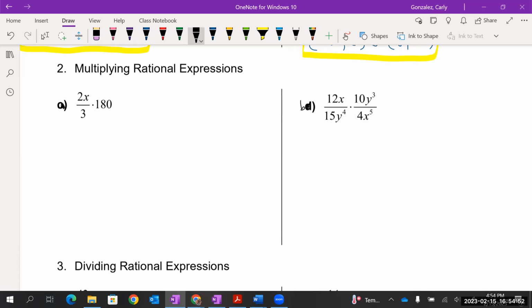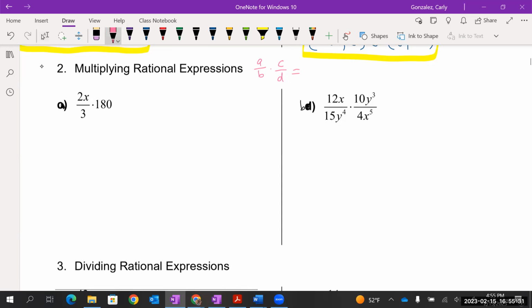Okay, so if we're going to multiply 2x over 3 times 18 over x, we need to recall the rules for multiplying regular fractions. So if I have one fraction times another fraction, like A over B times C over D, first of all, I can reduce any of the quantities in the numerator with any of the quantities in the denominator if possible.